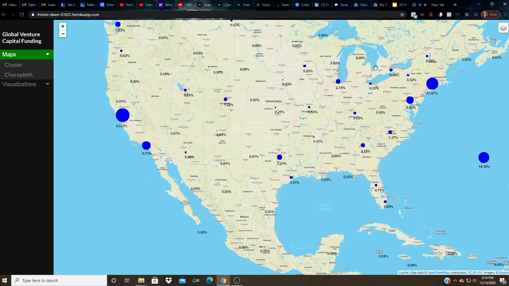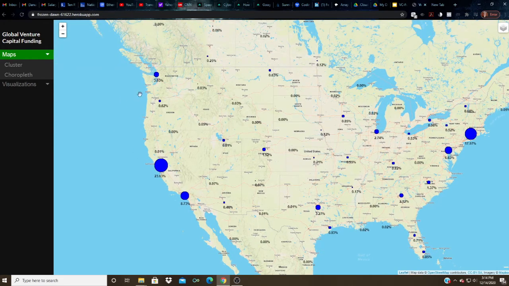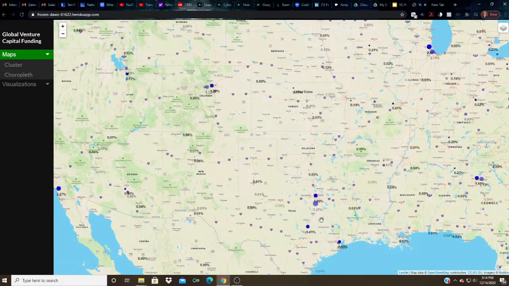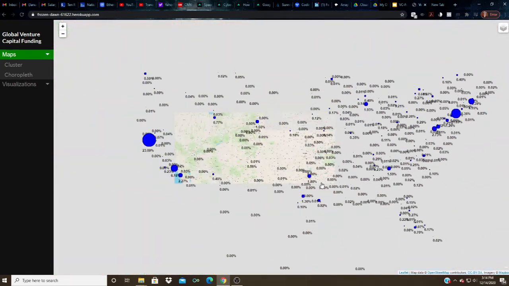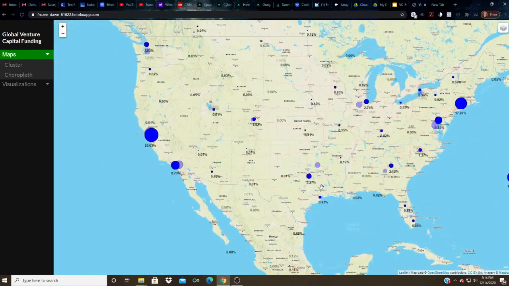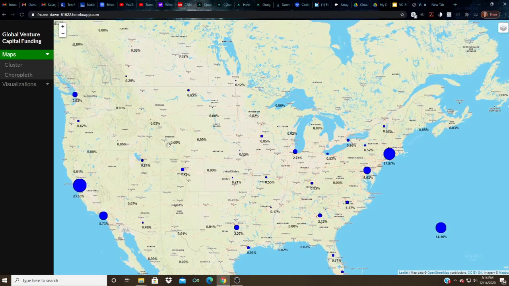You can see on the United States map, it shows the same thing with funding: a good amount in Northern California, Southern California, New York, DC, Chicago, Texas, with Dallas and Austin, and then a Seattle and Portland, Oregon area.